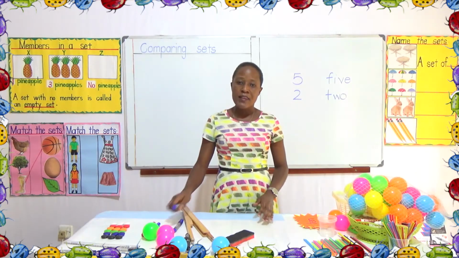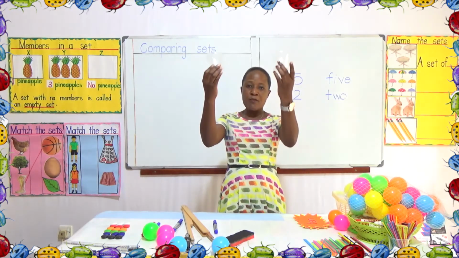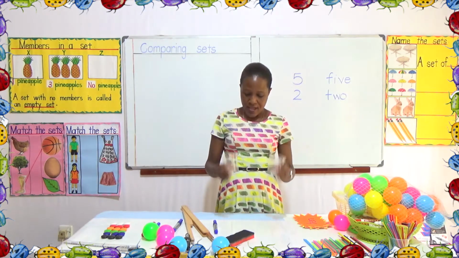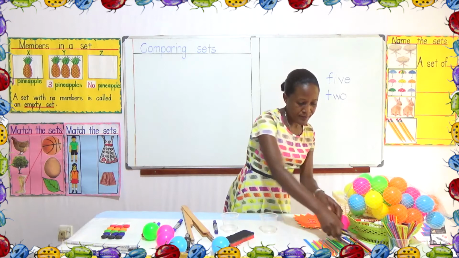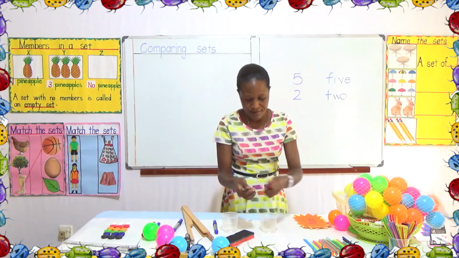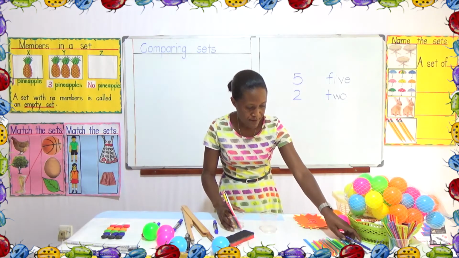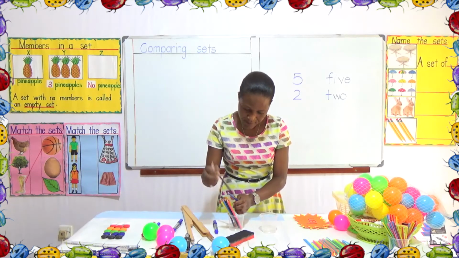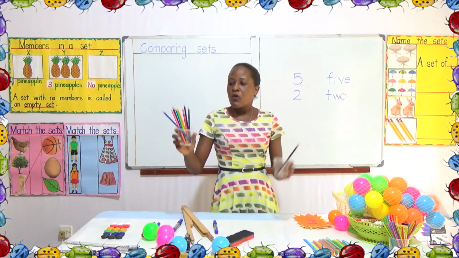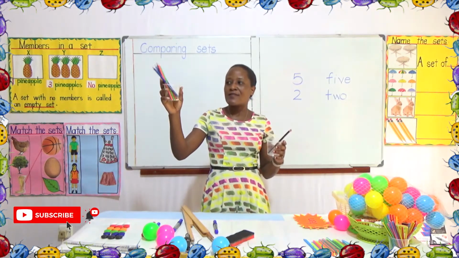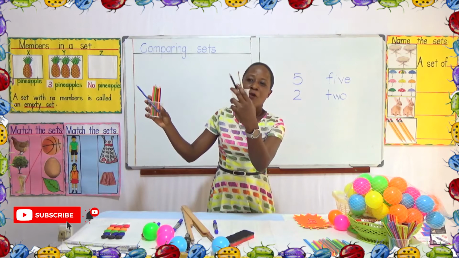Imagine I have 2 cups. And one cup has so many colored pencils, and this one has just 2. 1, 2.